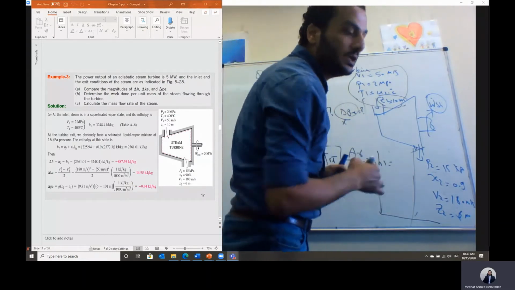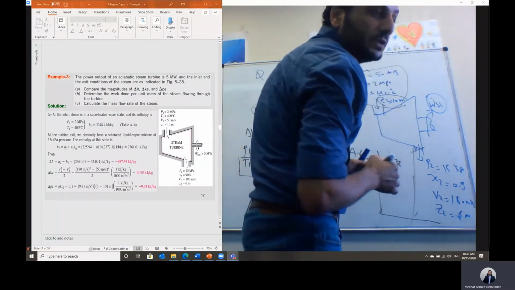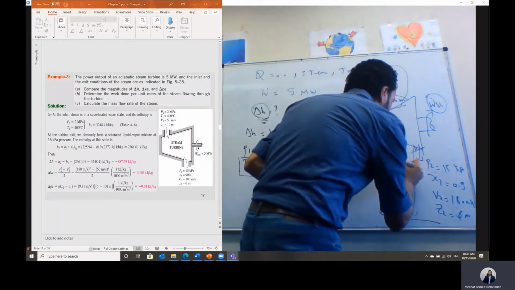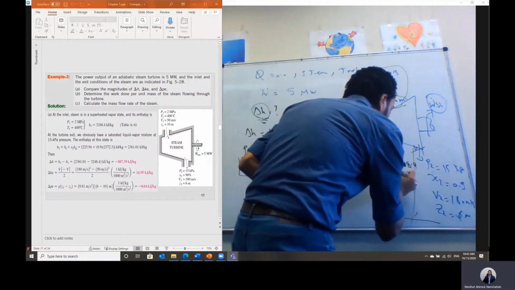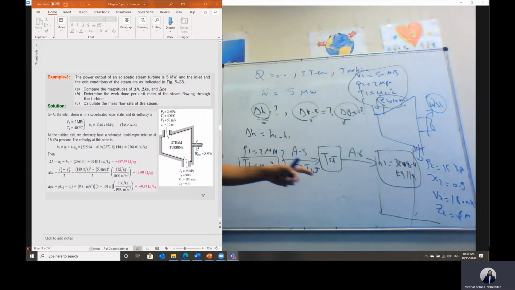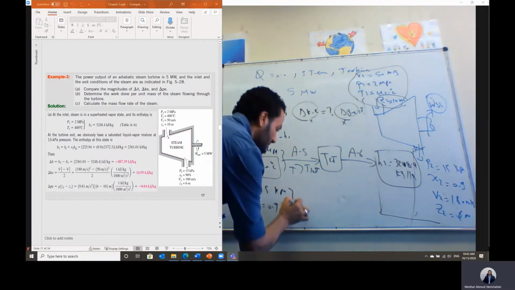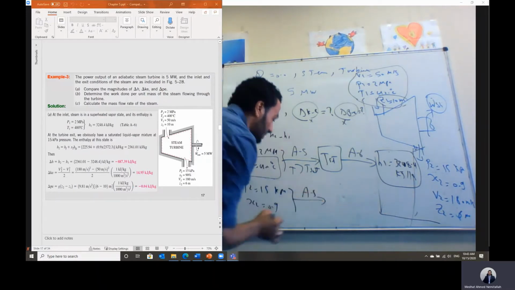H1 will equal 3248.4 kilojoule per kilogram. But what about the outlet section? We have a saturated mixture. The pressure P2 is equal to 15 kilopascal, and the quality X2 is equal to 0.9. So directly with this pressure, I will go to table A5.